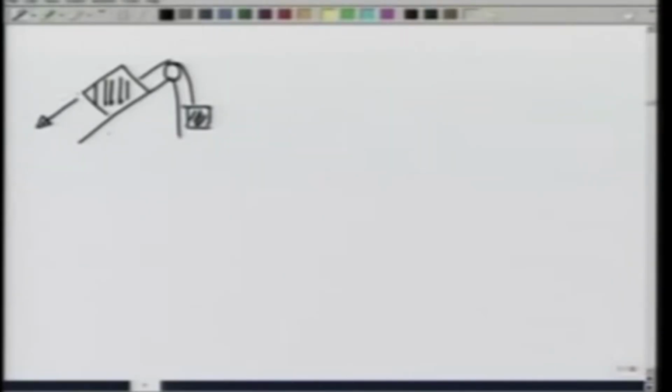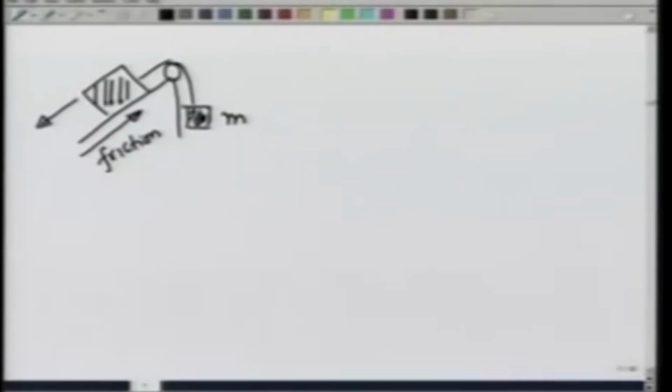If this has a tendency to move down this way, there will be a frictional force opposing it. And this frictional force that opposes it makes it possible to have mass m much less than 25 kgs and still have this block in equilibrium.